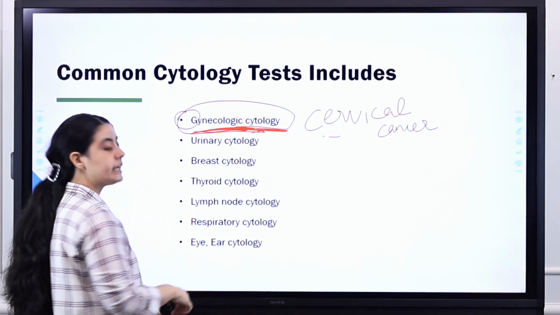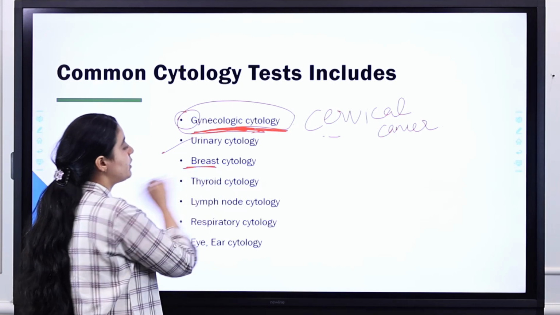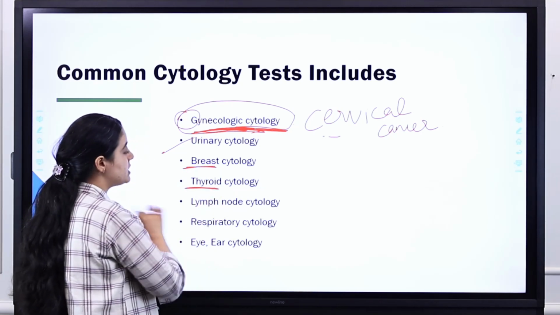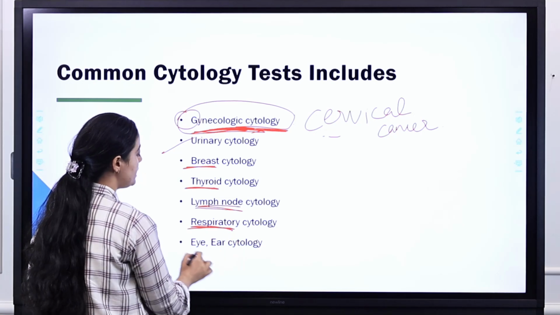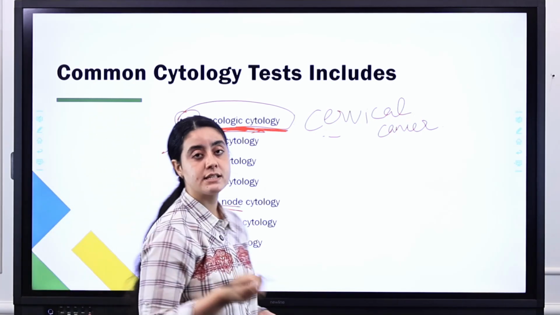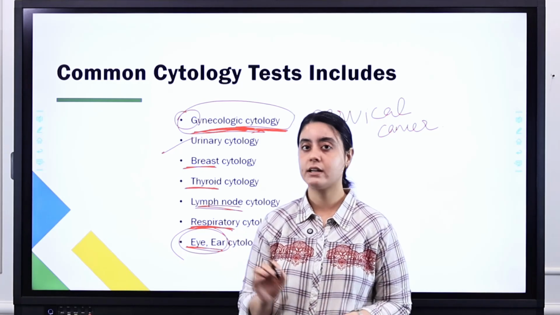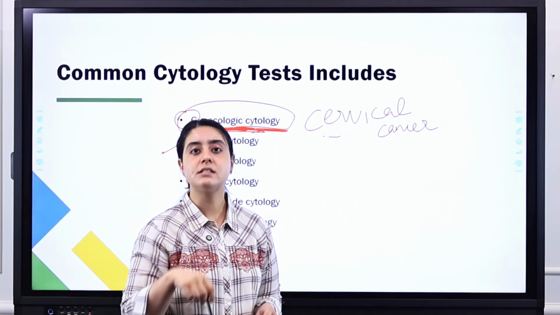Then we have other categories also, like urinary cytology, breast cytology, thyroid cytology, lymph node cytology, respiratory cytology, and ear and eye cytology, because cancerous cells can occur anywhere in the body. It is not necessary that cancer occurs only in the cervical region in women.